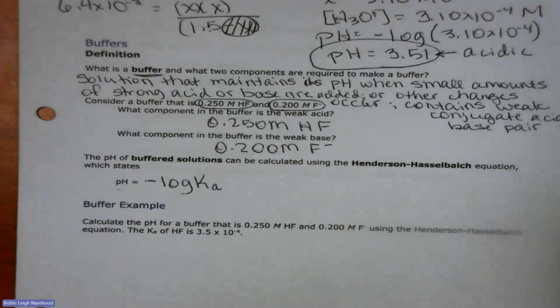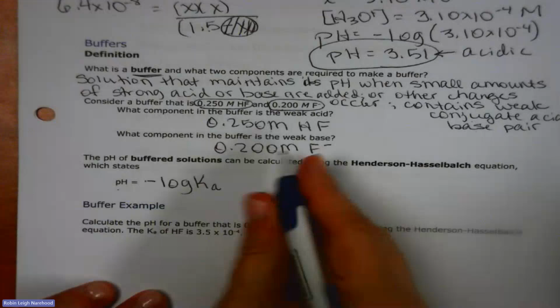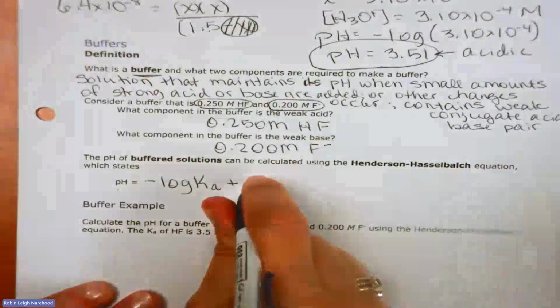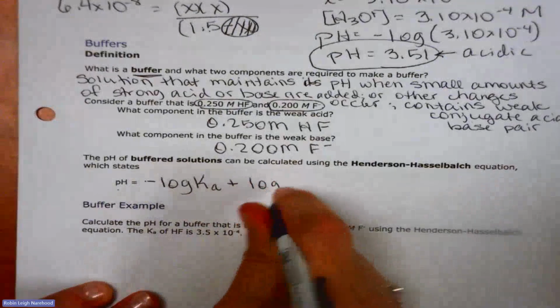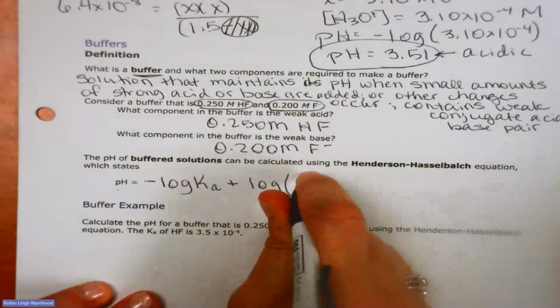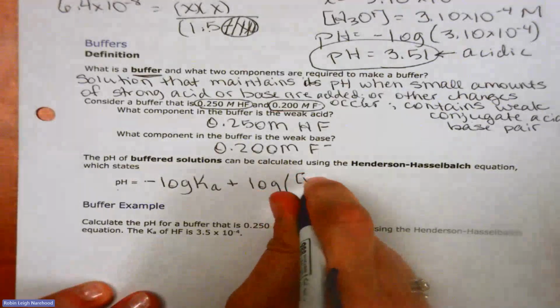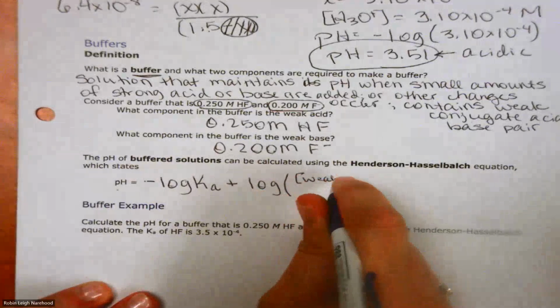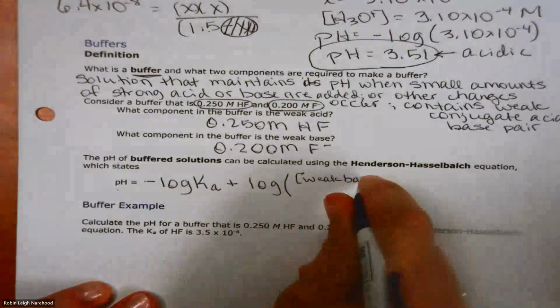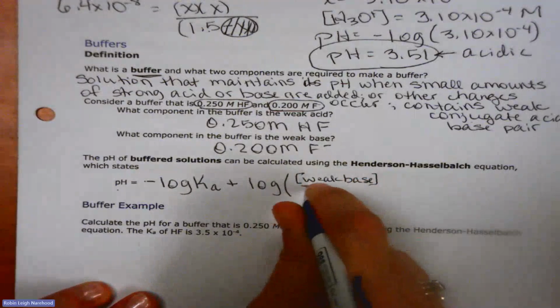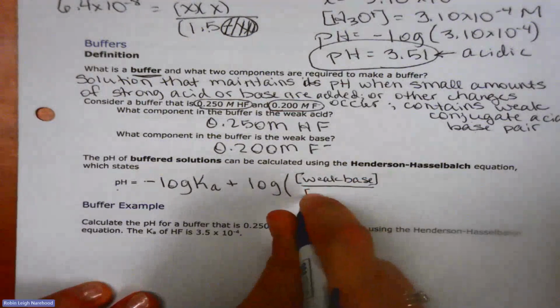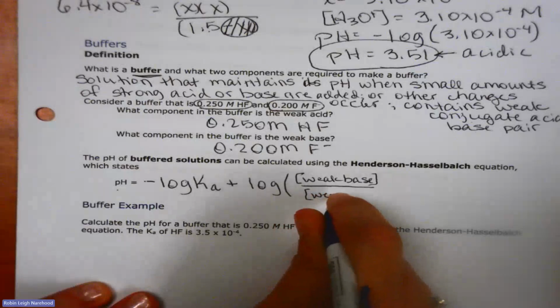So our acid is HF for this example. Then you add to that the log of the molarity of your weak base divided by the molarity of your weak acid.